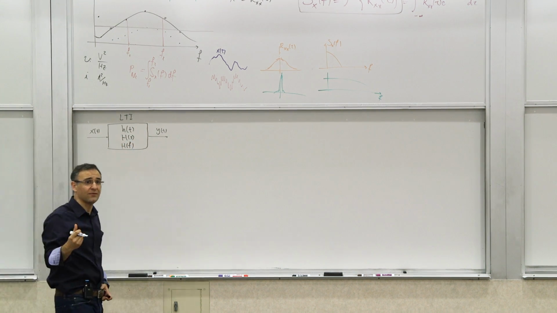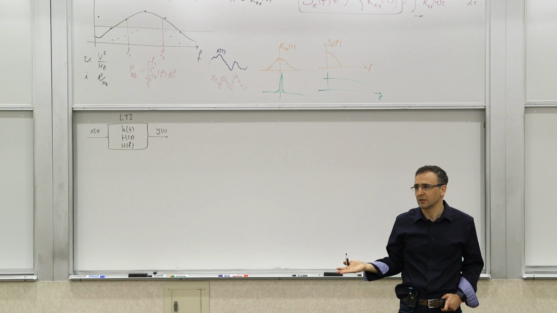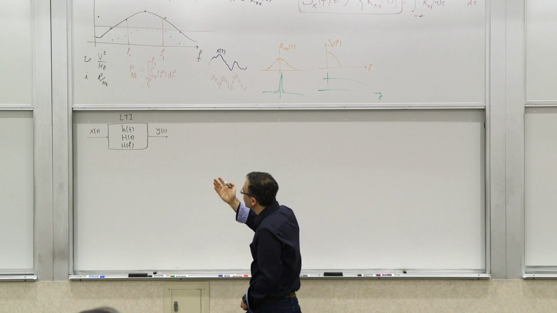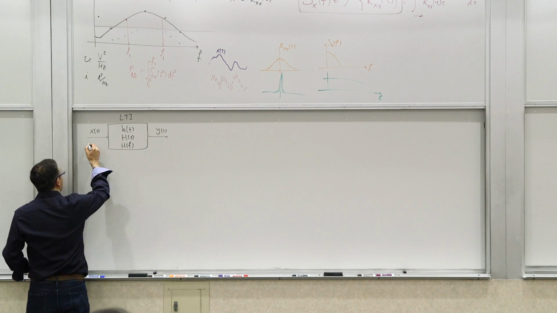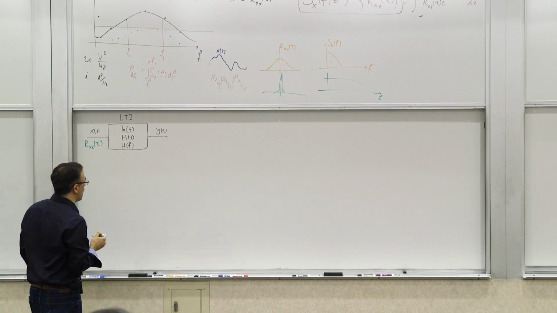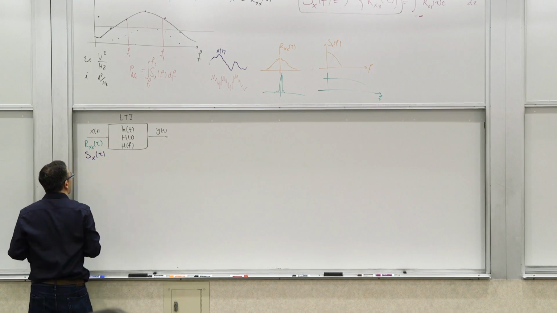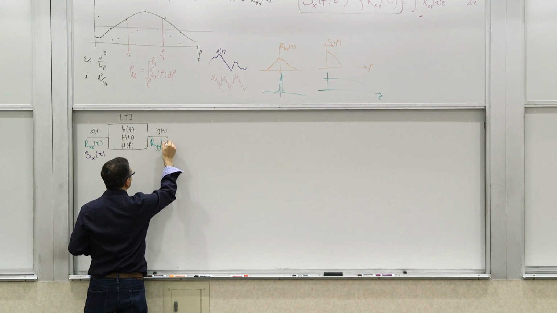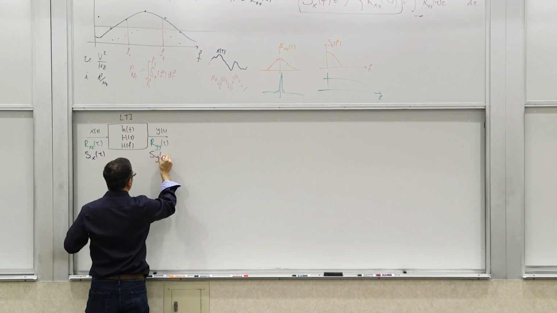In general, h of f itself is a complex quantity, although f is a real quantity that goes from negative infinity to positive infinity. Right? So the question is, if you have a system like this, and we know, for example, the autocorrelation function of the input, or the power spectral density of the input, what can you say about the autocorrelation function of the output, or similarly about the power spectral density of the output?